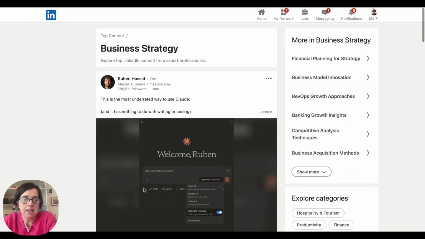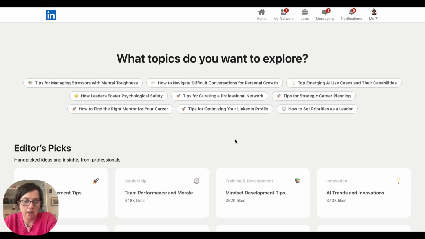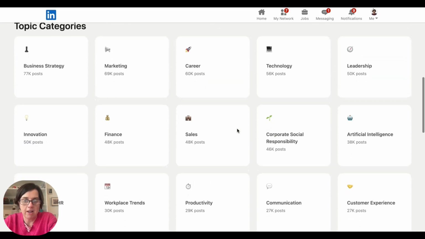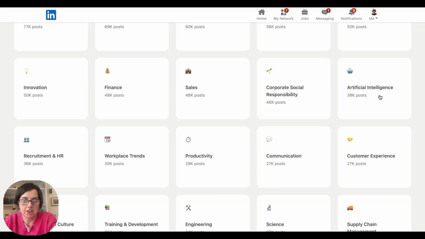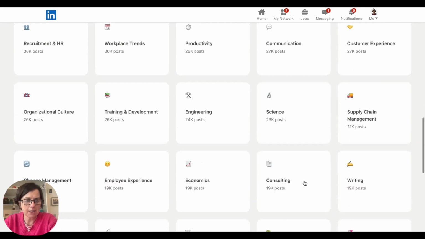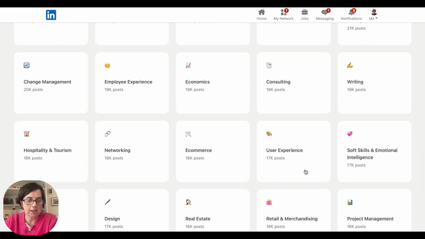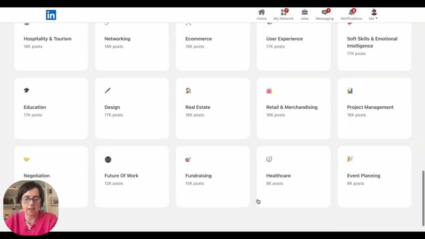So LinkedIn is putting people in top content based on the numbers of followers they have. Very, very interesting. Artificial intelligence. It's interesting the number of posts as well, isn't it? Workplace trends, customer experience, training and development. Do you fit into one of these buckets, guys? If you do, that'd be interesting.